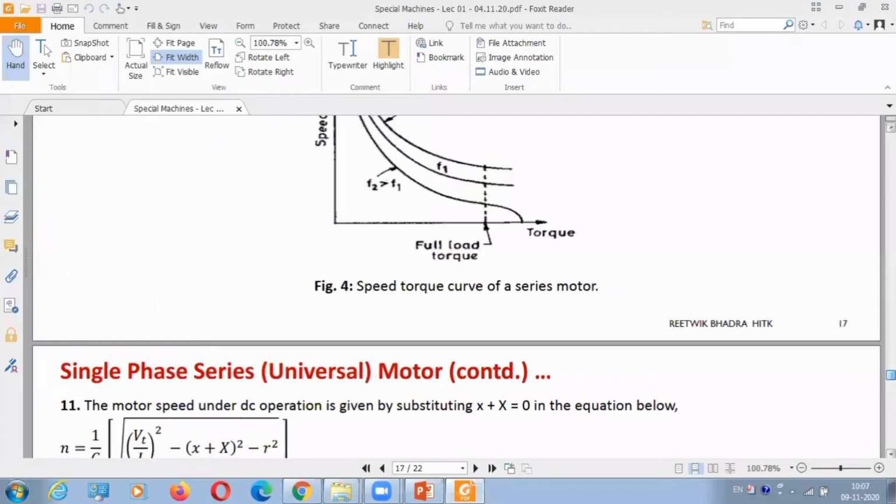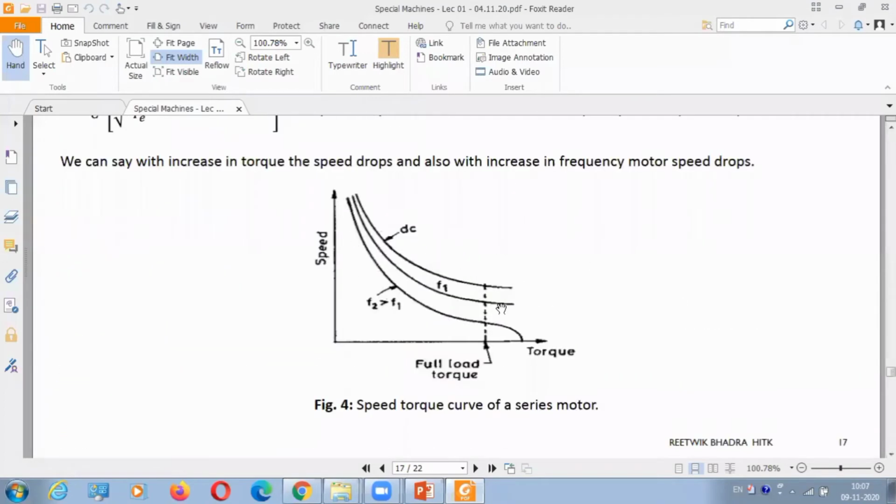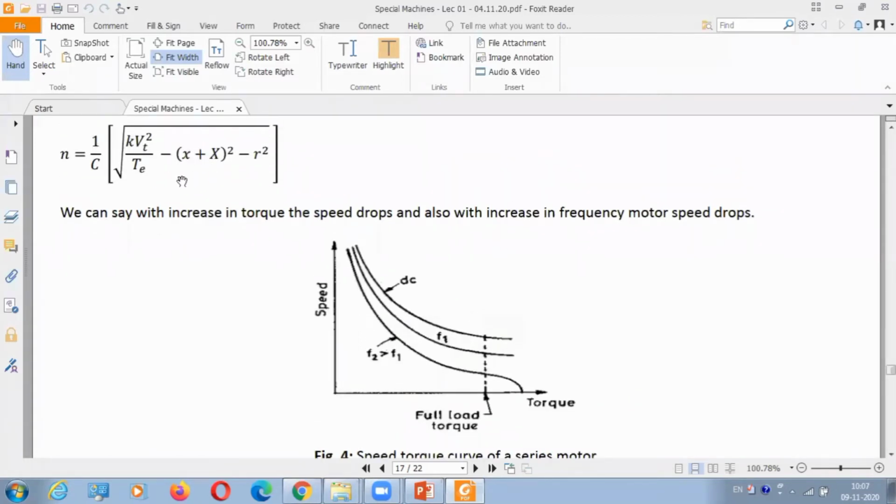If you look into the speed torque characteristics, this was a DC speed torque characteristic for a DC machine. And as the frequency was increasing, we showed how it was dropping. We had shown the reason also: how this X was increasing because it was dependent only on frequency. That's why your speed was decreasing.